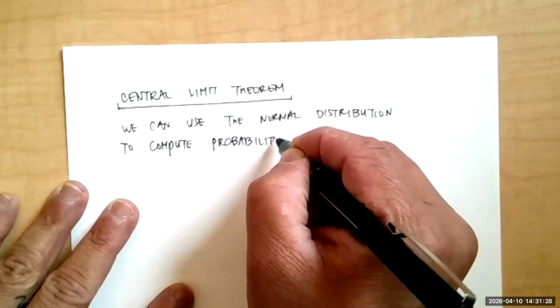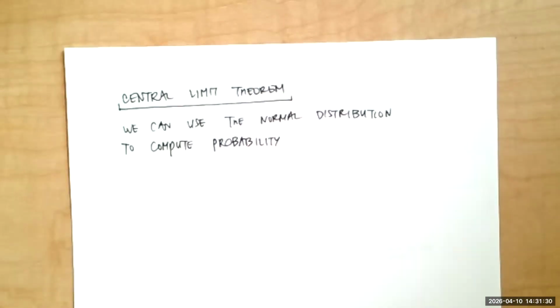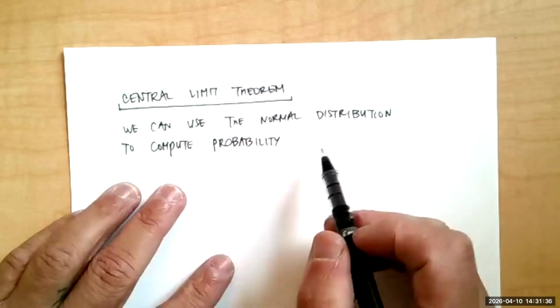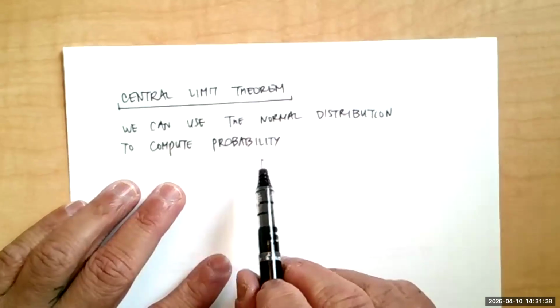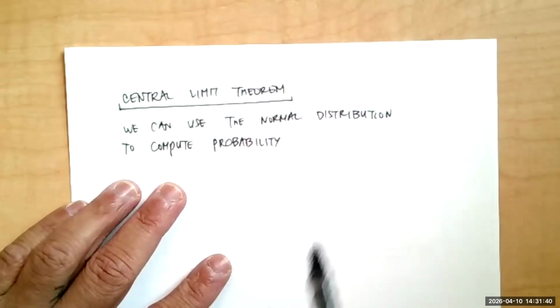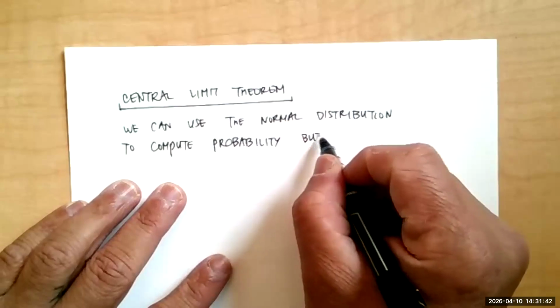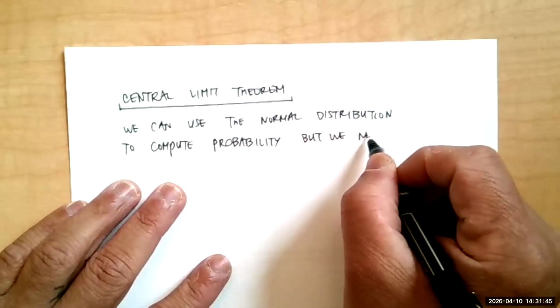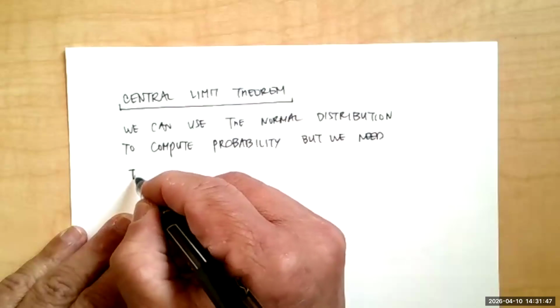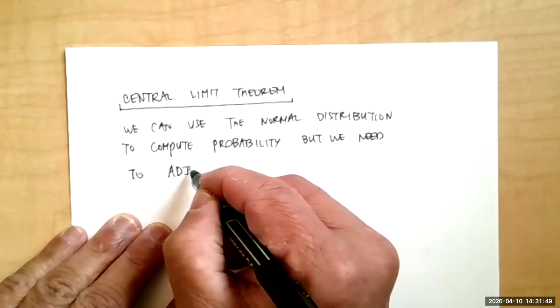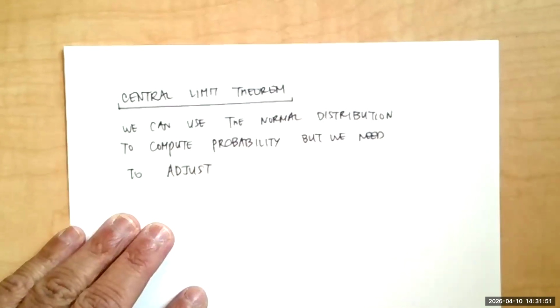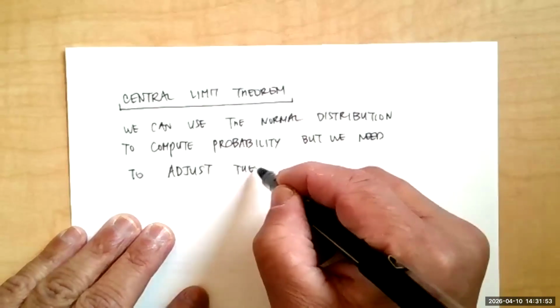to compute our probabilities again. The probability that our sample value is greater than some quantity, less than some value, in between two values, and so on. We can use those normal distribution calculations, right? But we need to adjust, recompute, the standard deviation.